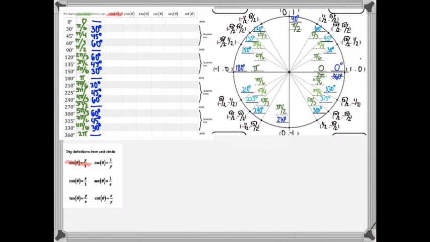So if I were to take the sine of 0 degrees right here, it would just be 0 because it's going to be the y value of those points that we discovered. The sine of 30 degrees would be 1/2. The sine of 150 degrees would be 1/2. The sine of 240 degrees would be the negative square root of 3 over 2.